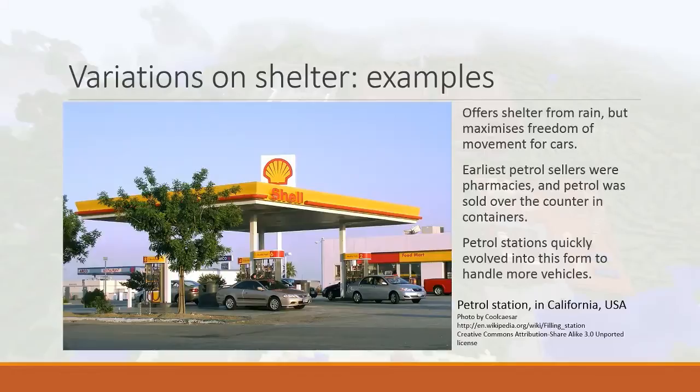Whereas today you just drive up and pump it directly into the car and then drive away again, which is much more efficient, right? So petrol stations evolved into this form because it's effective, and it makes more sense than trying to sell petrol over the counter, which is what they did when cars were first invented.